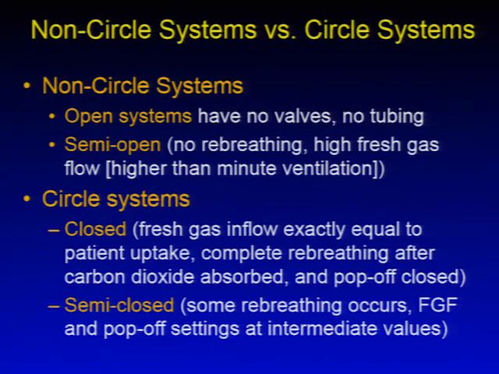The closed system is totally closed, which means that you only provide fresh gas inflow exactly equal to the patient's uptake of oxygen and the inhalation anesthetic, and then there is complete rebreathing after carbon dioxide is absorbed. So a CO2 absorber is an important component of the circle system here. And also you have the pop-off valve, which is closed entirely.